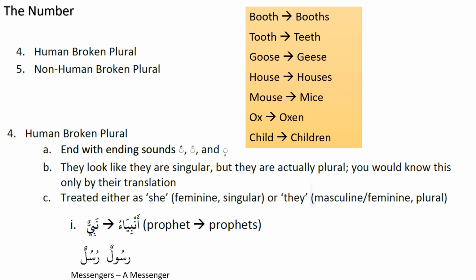This is a very exceptional thing in Arabic. Most of the time, a human broken plural can be considered feminine and singular, or it could be masculine and plural. So it could be both.